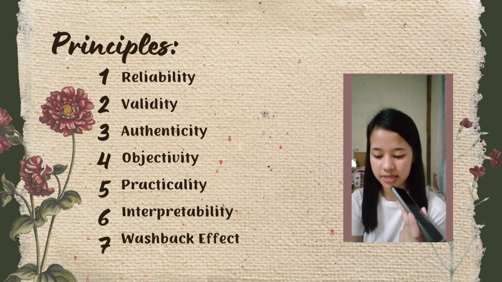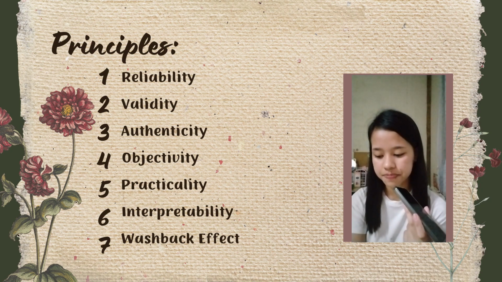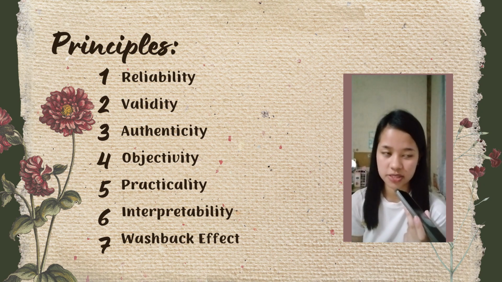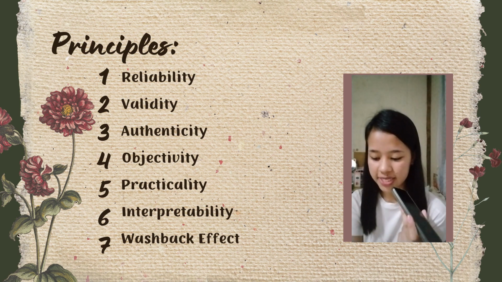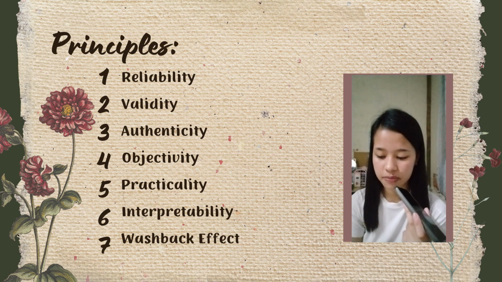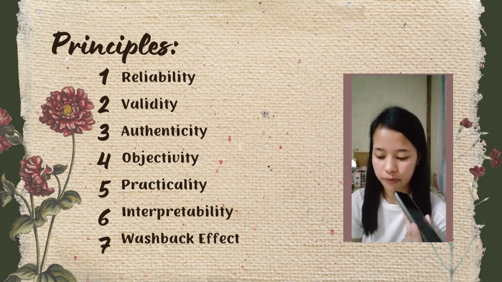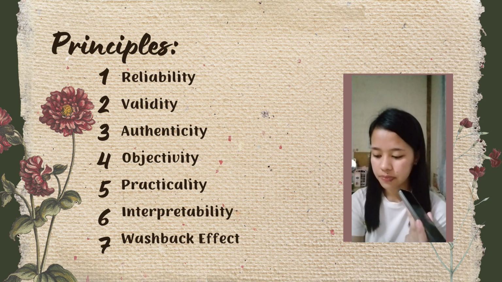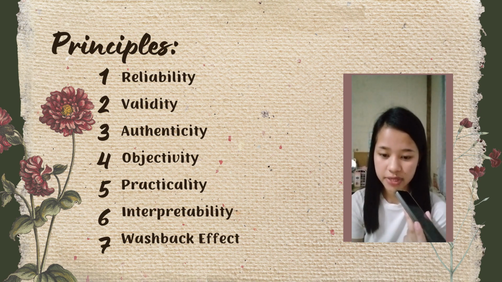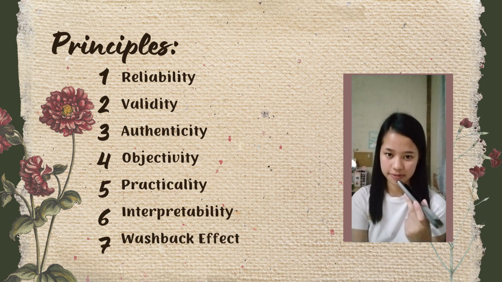Authenticity is the inclusion of meaningful, relevant, and interesting topics. Objectivity is being impartial and unbiased, so no personal feelings are involved. Practicality means feasible to implement. Interpretability is when we are able to assign meaning to the scores. And lastly, we have the washback effect, which is the influence of testing on teaching and learning.